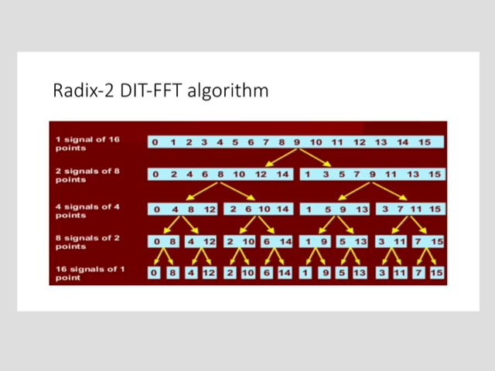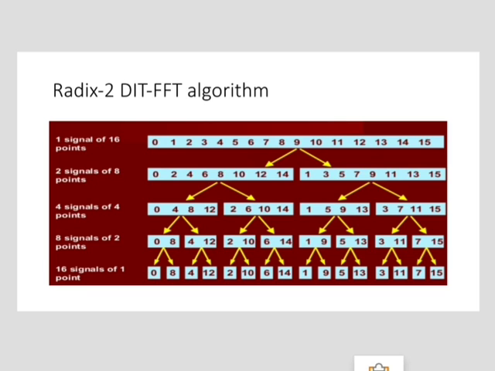In the first part there are even numbers 0, 2, 4, 6, 8, 10, 12, 14, and in the second part there are odd numbers 1, 3, 5, 7, 9, 11, 13 and 15. Then the next line is four signals of 4 points.